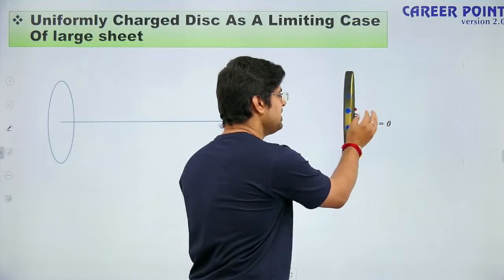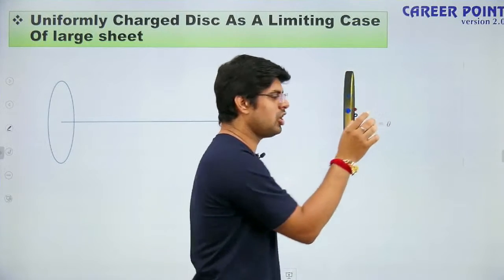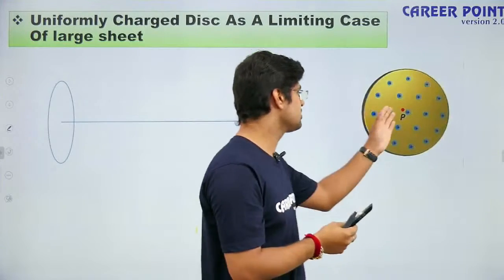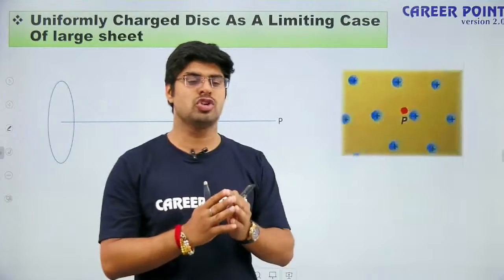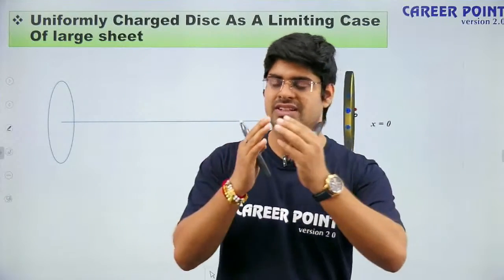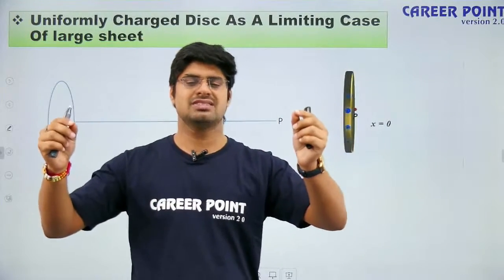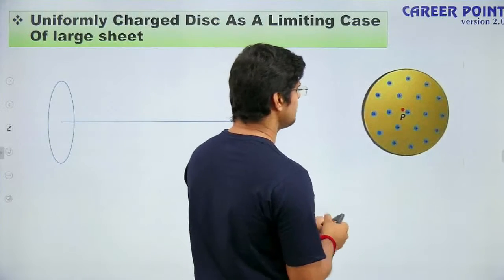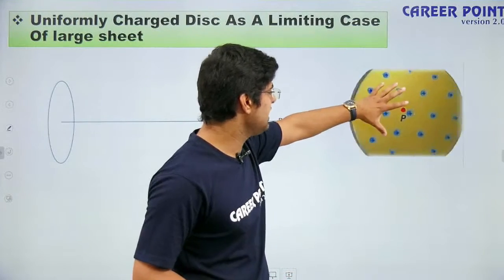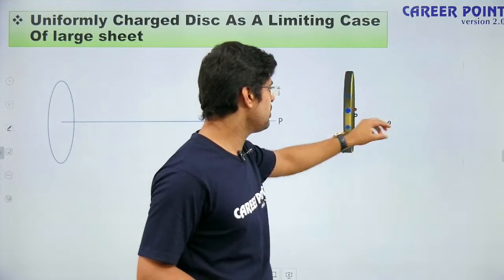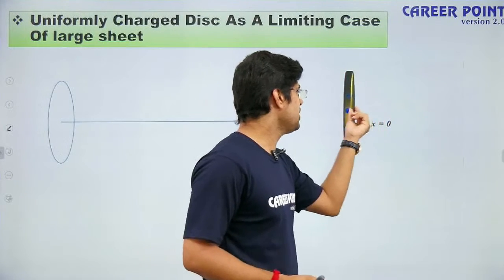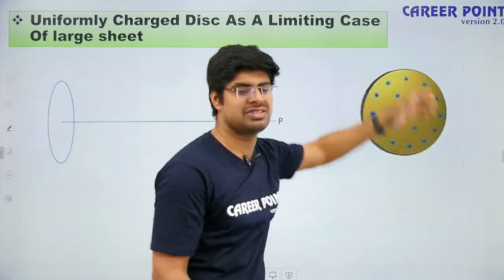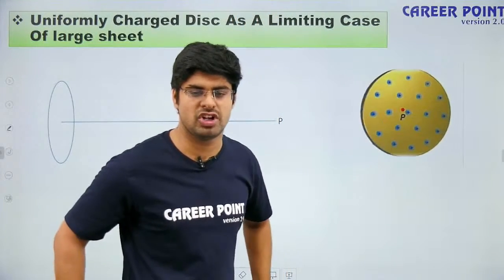This point P is very near or is having very less distance from the disk, or you can say the disk is so big in size that the distance of point P on the axis is insignificant. So I am writing here, see, focus, this disk is enlarging, this is becoming a sheet, so the point becomes insignificant. If the point is very close and the disk size is very big, it behaves as an infinite sheet. Do you agree or not?